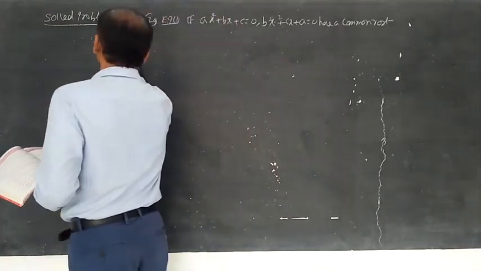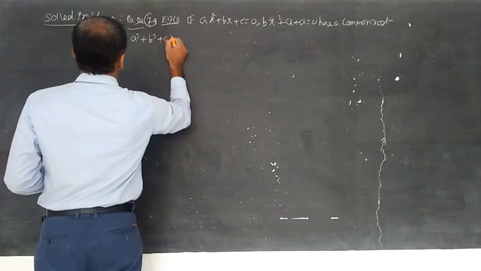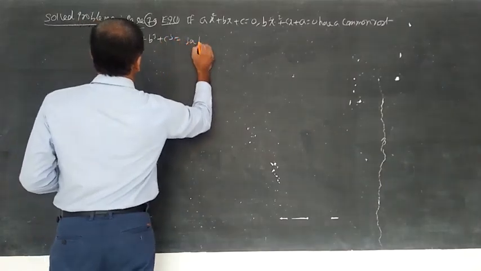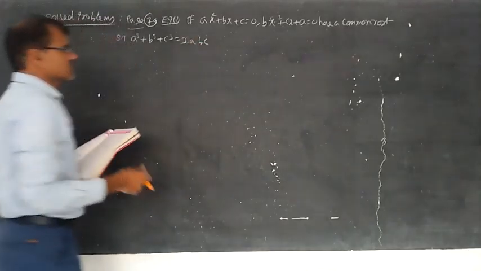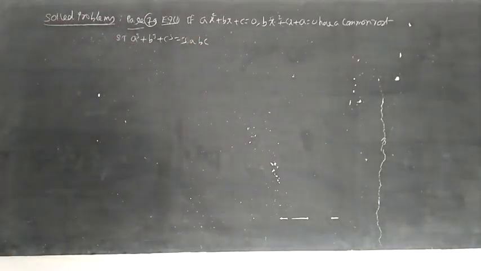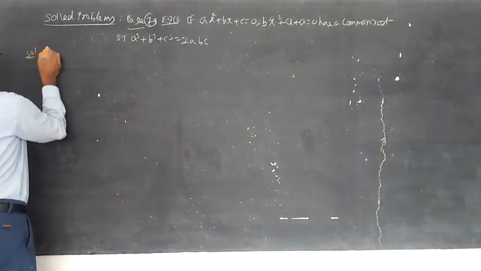Then show that a cube plus b cube plus c cube is equal to 3abc. This is a conceptual question and an objective question also. Solution.